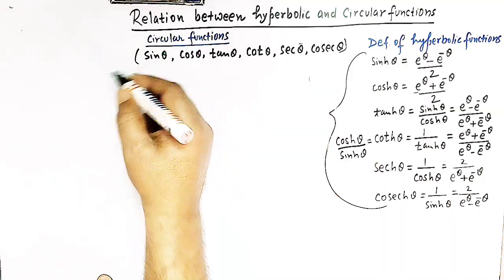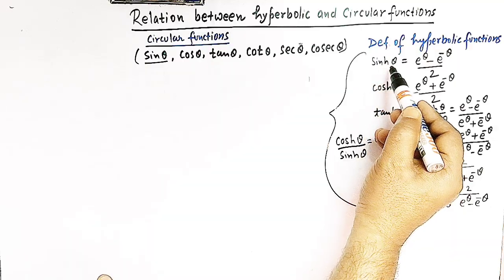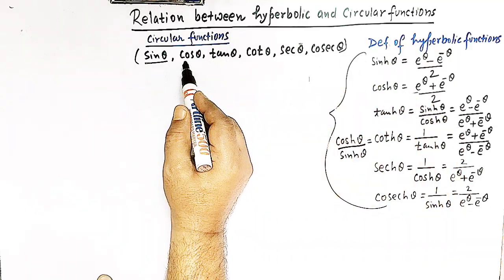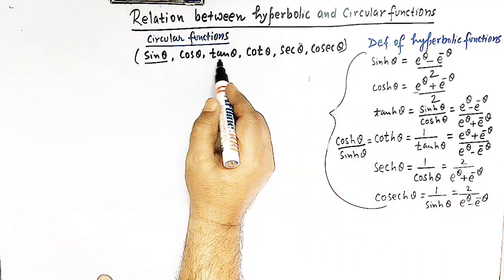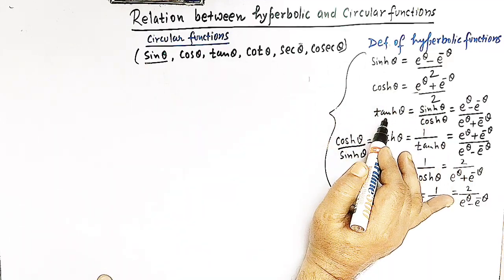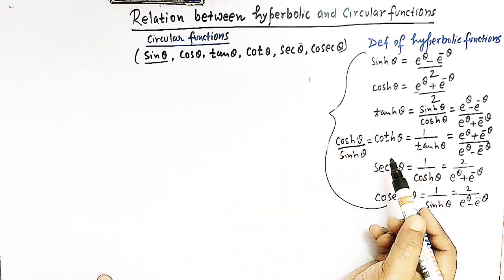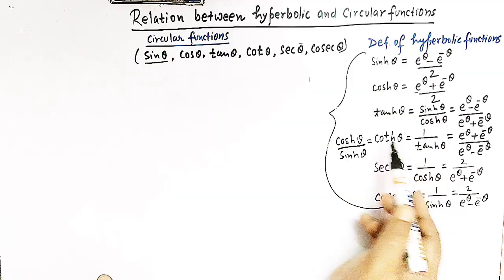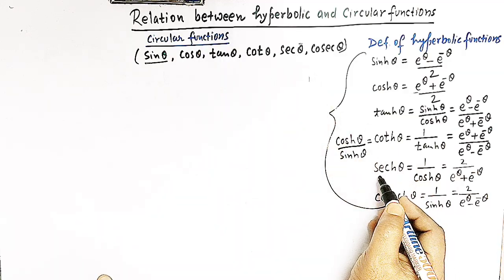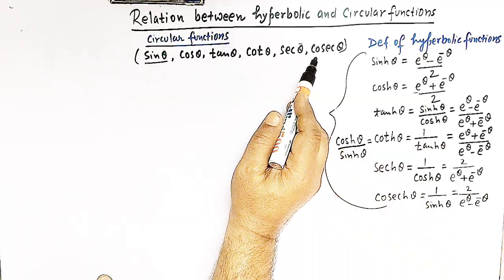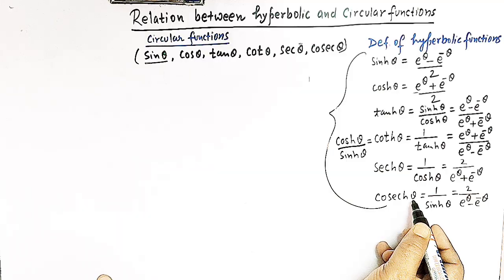So let us see how we can connect sine theta with the hyperbolic sine of theta, then cosine theta with hyperbolic cosine of theta, then tangent of theta with hyperbolic tangent of theta, and cot theta with hyperbolic cotangent theta, and secant theta with the hyperbolic secant theta, and cosecant theta with hyperbolic cosecant theta.